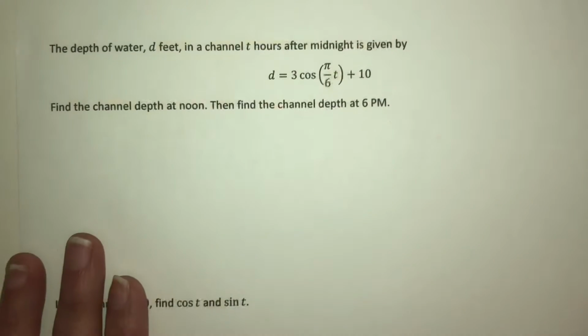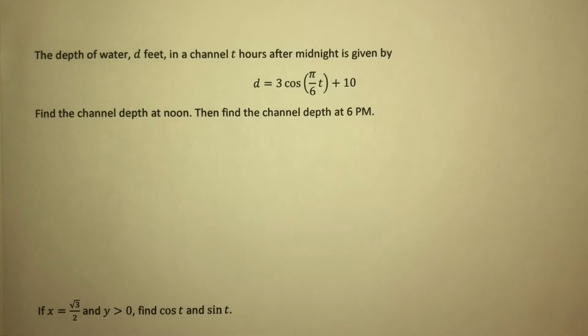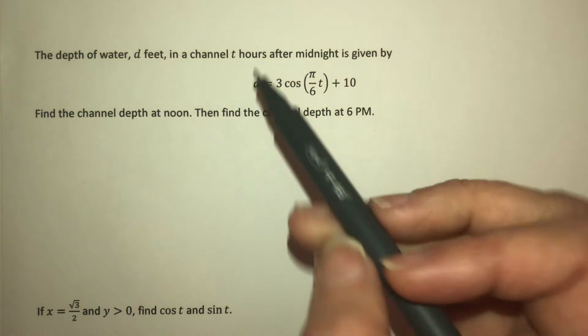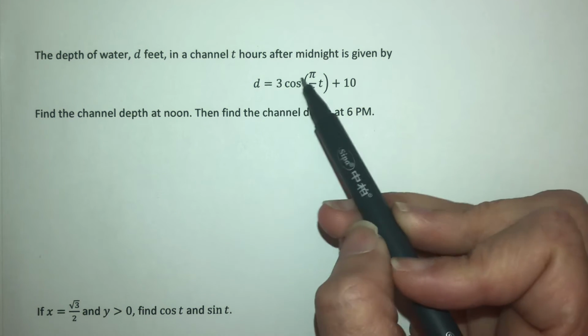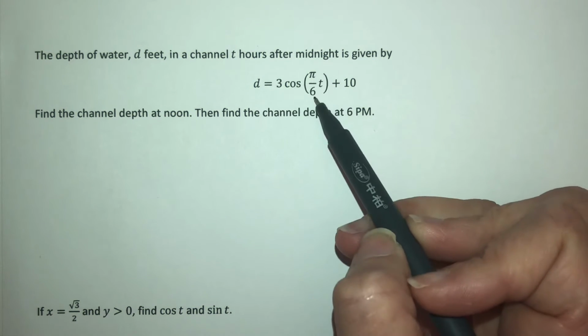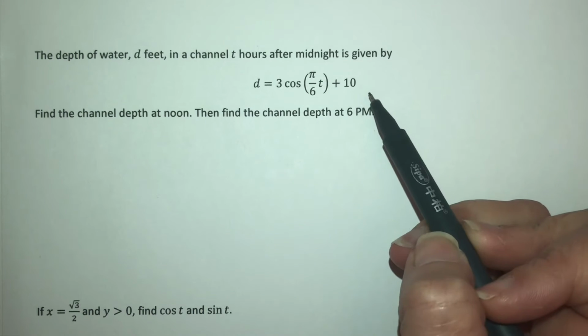Okay, now let's talk about an application of this. If the depth of water, which is d feet, in a channel t hours after midnight, is given by this function, d is equal to 3 times cosine of pi over 6t plus 10.